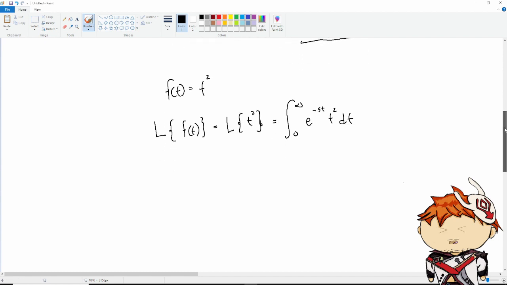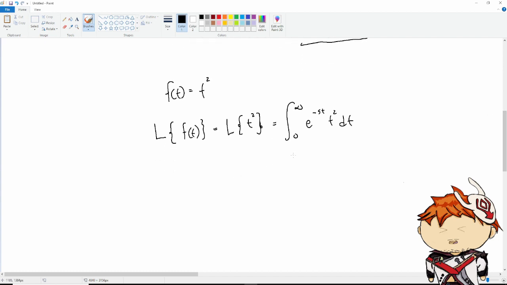Now we can let u equal t squared, du equal 2t dt.